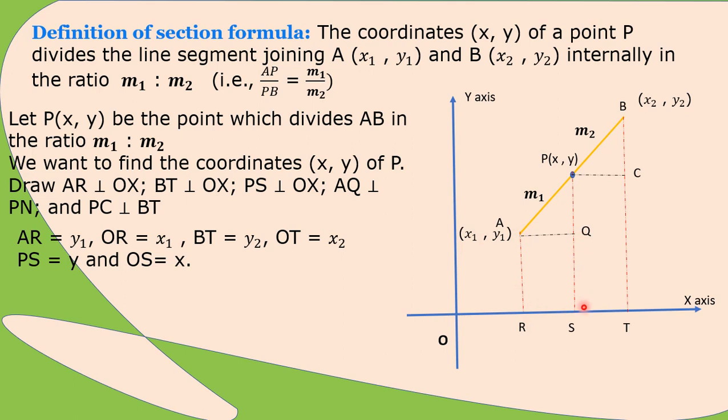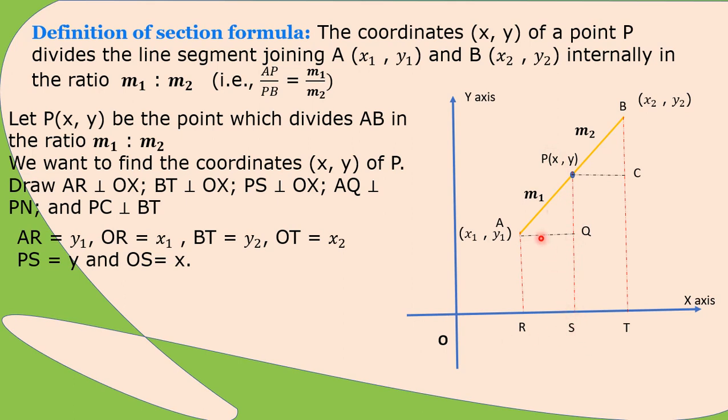Now for BT, we have found y2. O to T is also on the x-axis, and the x coordinate of point T is x2, so OT is equal to x2. And OS is also on the x-axis, and the x coordinate of this point is x, so OS is x.